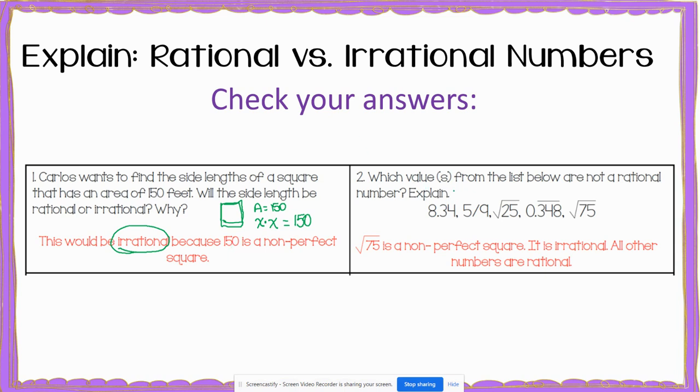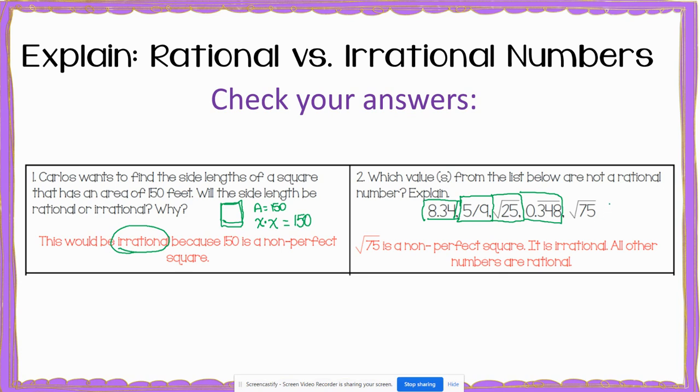Number 2 says which value or values from the list are not a rational number. Well, 8.34 is rational because this is a terminating decimal. 5/9 is also rational because it's already written as a fraction. The square root of 25 is rational because 5 times 5 gives us 25. 0.348 with a bar over it is rational because that is a repeating decimal.